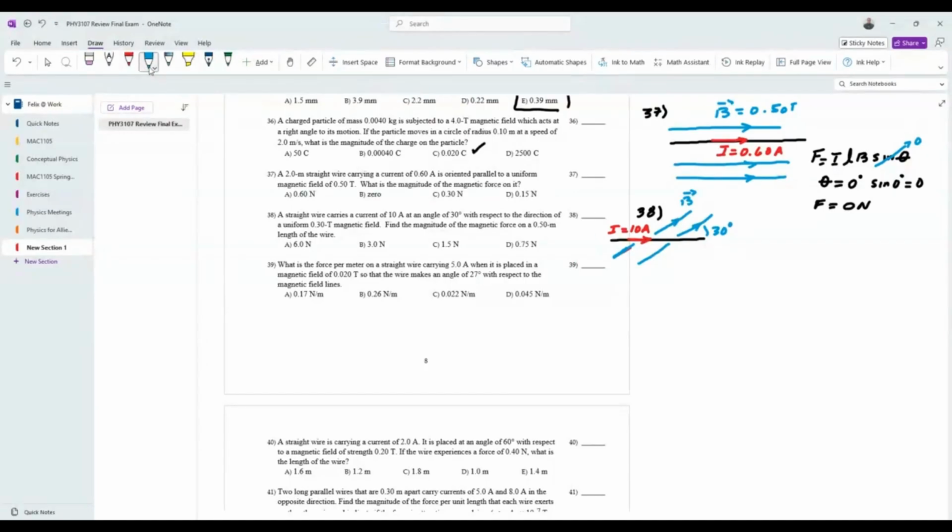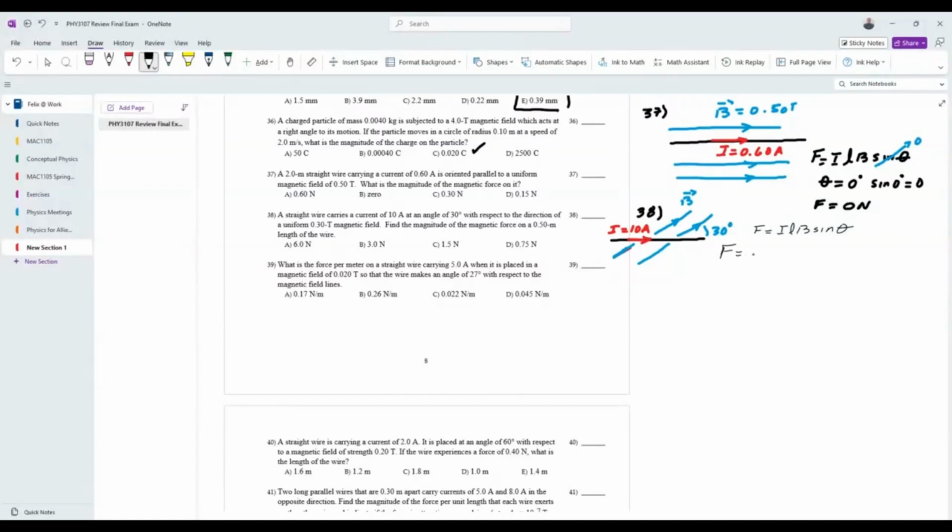So when we apply the same formula, the force is equal to I times L times B sine of theta. Now theta is different from zero, so the force will be different from zero.